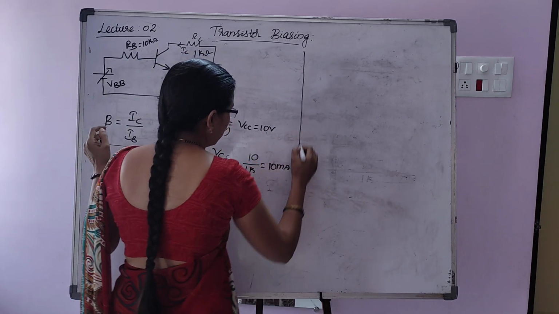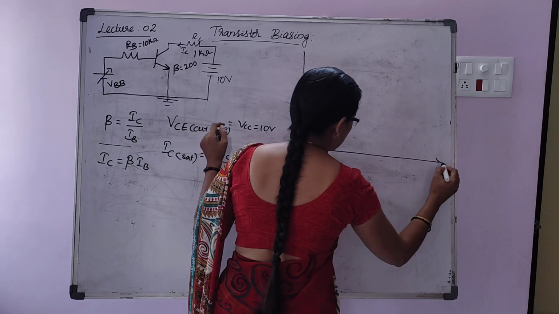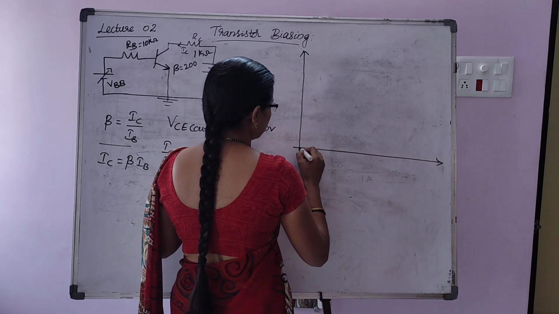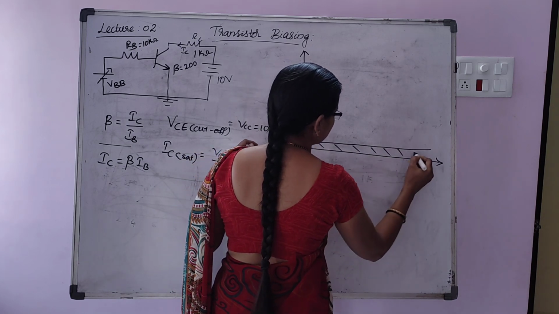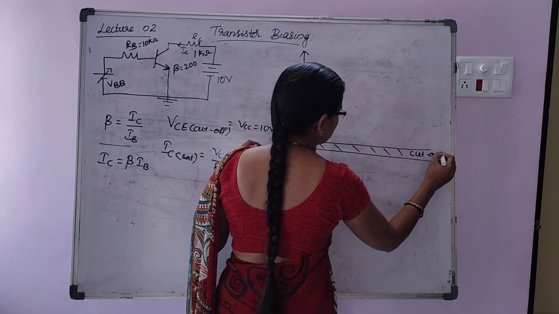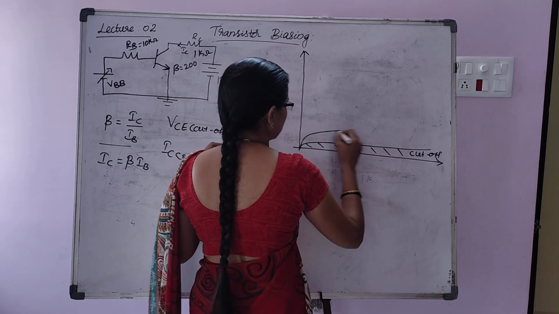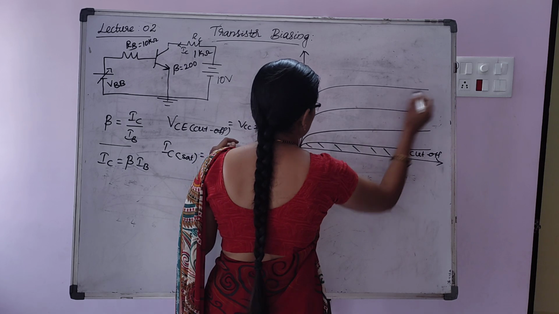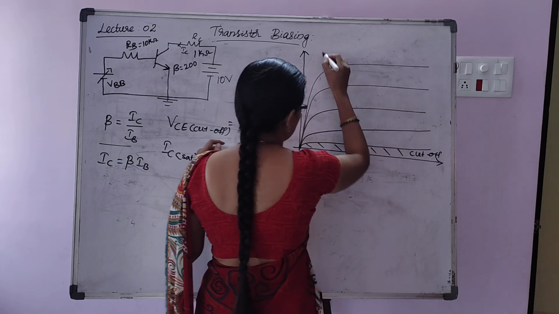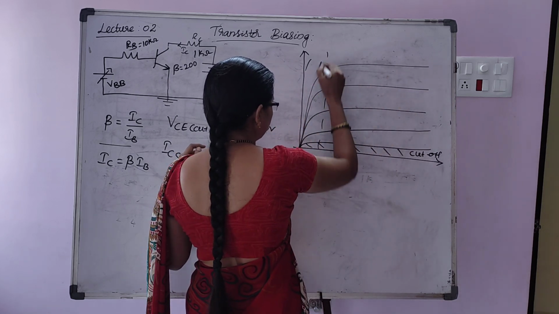So I will draw the output characteristic curve of the transistor here. This is the cutoff region, this is the saturation region.